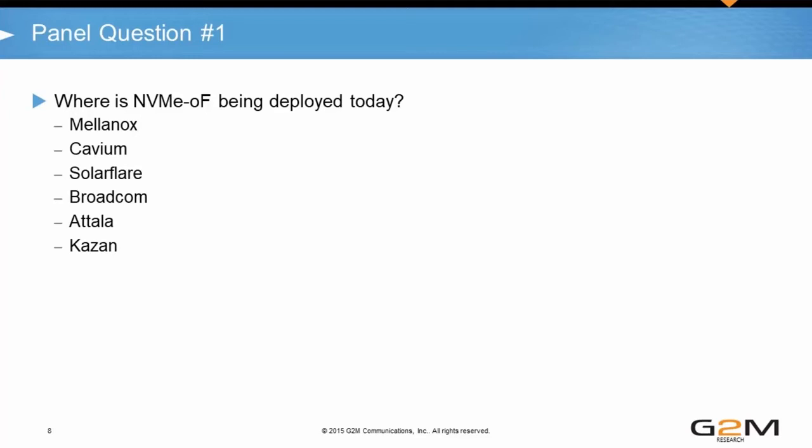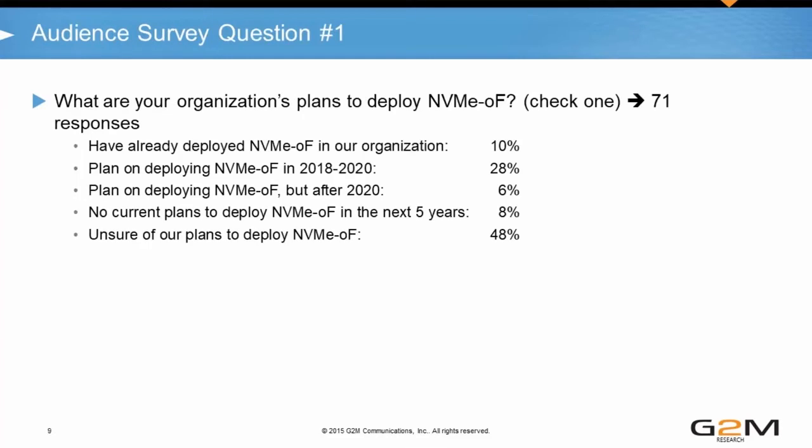All right, so audience members, please let us know. What are your plans to deploy NVMe over Fabrics? You've already deployed NVMe over Fabrics. You're a pioneer, and I would like to rent you my patented arrow removal kit. You plan on deploying NVMe over Fabrics next year or in the next 3 years.